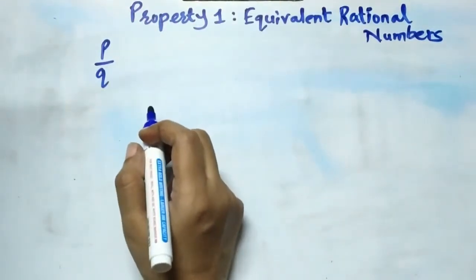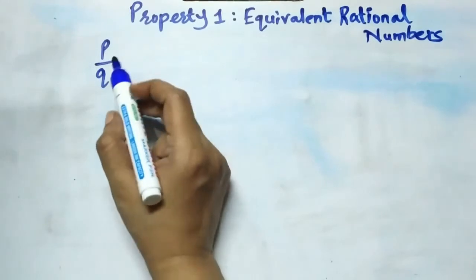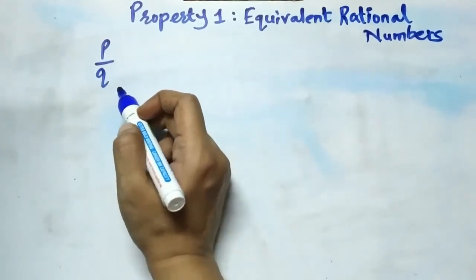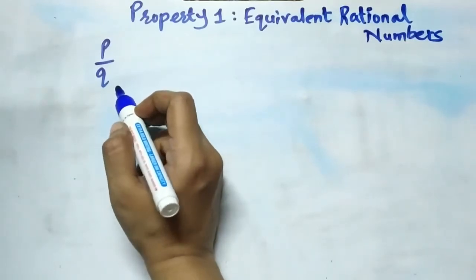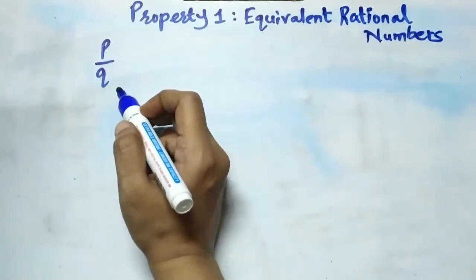We know the definition of a rational number: a number which is in the form of p by q, in which p and q are integers and the denominator q is not equal to 0.